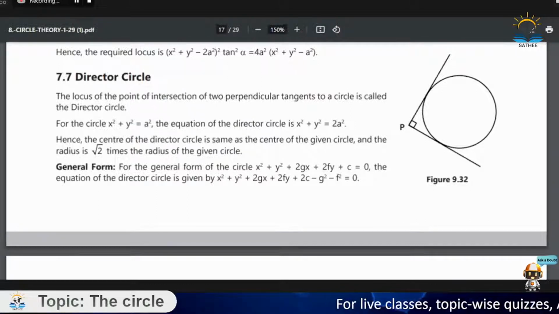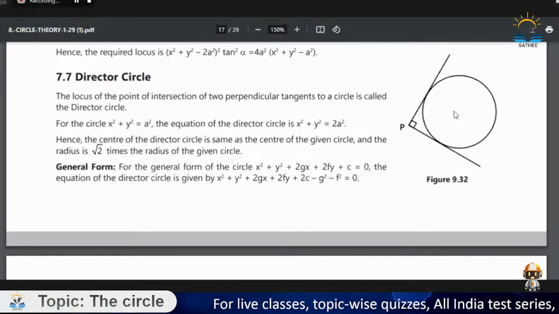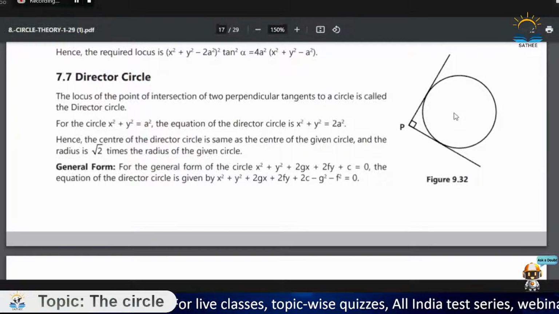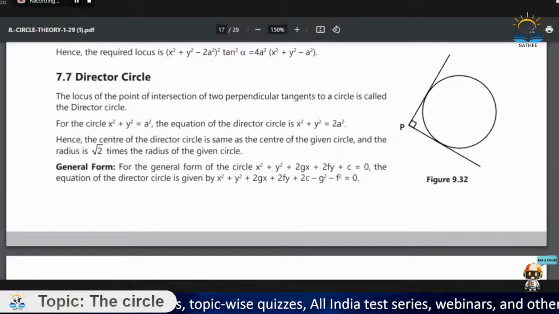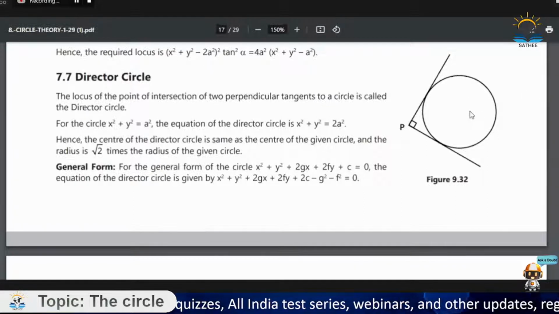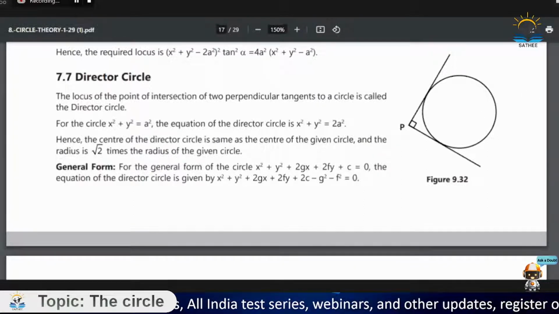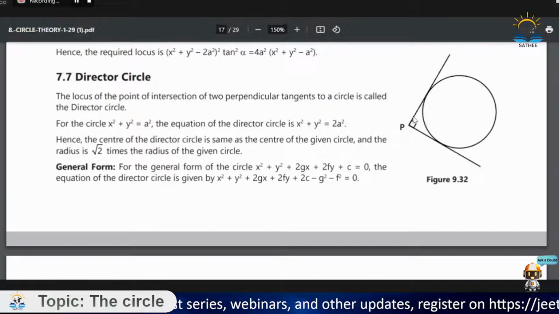Suppose you have been given the circle x square plus y square is equal to r square, and they ask you for the equation of its director circle. The director circle would be x square plus y square is equal to 2r square, because the radius is root 2 times the radius of the given circle.